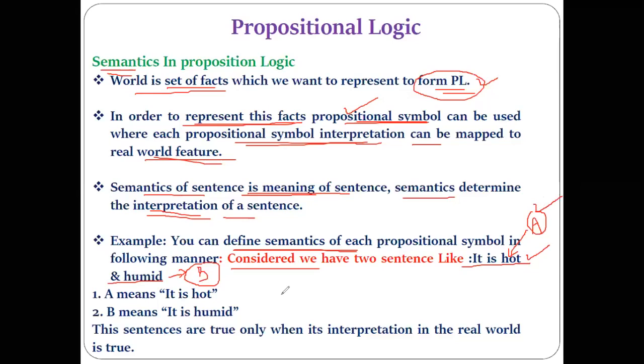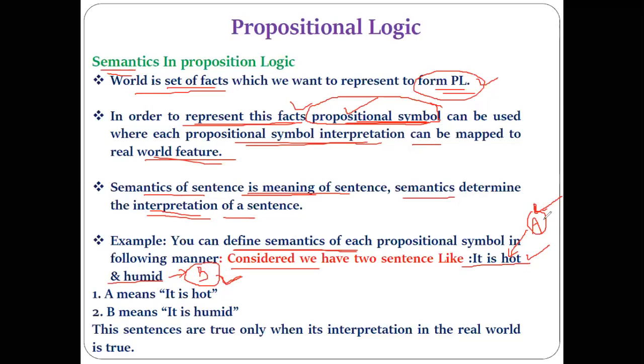A is one propositional symbol and B is another propositional symbol. In order to represent these real world facts, we utilize propositional symbols. What kind of propositional symbol can we utilize? In yesterday's lecture we saw from A to Z, any propositional symbol we can utilize, capital letters. So this is the first propositional symbol we utilize. I am not saying the connective, I am saying the propositional symbols. A is the propositional symbol which represents the real world fact, it is hot, and B is another propositional symbol which represents another fact, that is it is humid.